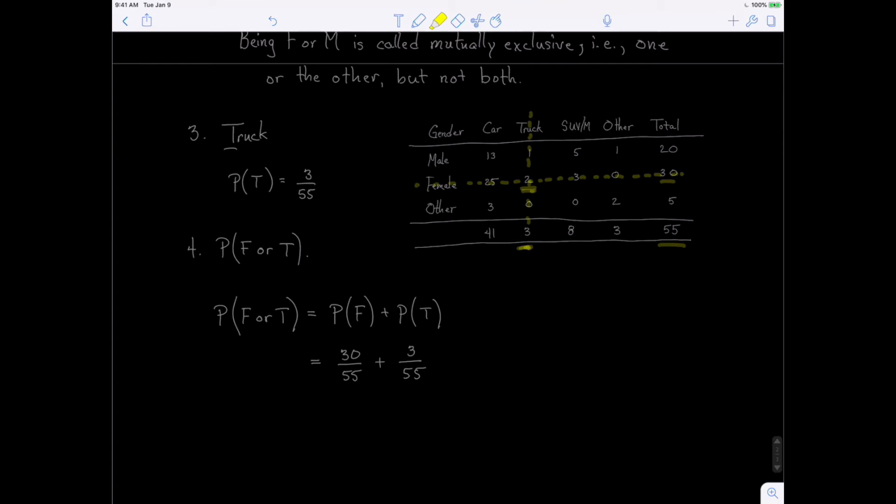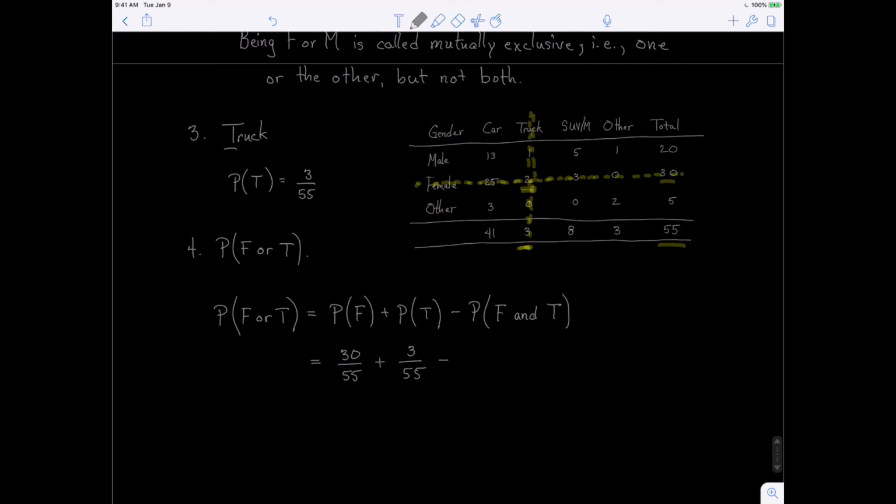We counted them once when we added the row, and we counted them again when we added up the column. And so what we need to do is subtract the probability that both traits are satisfied at the same time. The probability of being female and driving a truck.